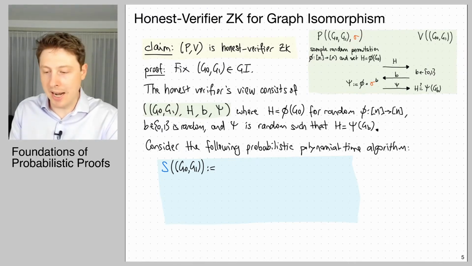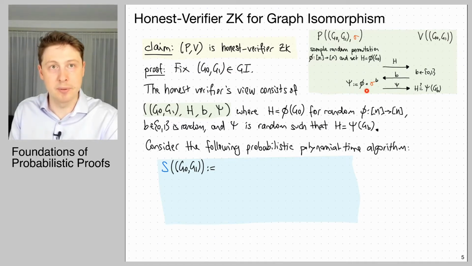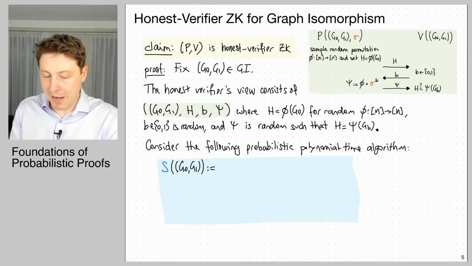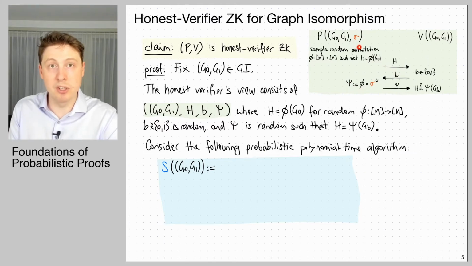This was an isomorphism that was given to us. And because the prover had this, he could easily compute this psi. Now, imagine I'm the simulator and I write down H and sample B, but then how am I going to do this step? I don't have the sigma. Finding sigma might be inefficient. So the simulator has to do something a little bit differently.